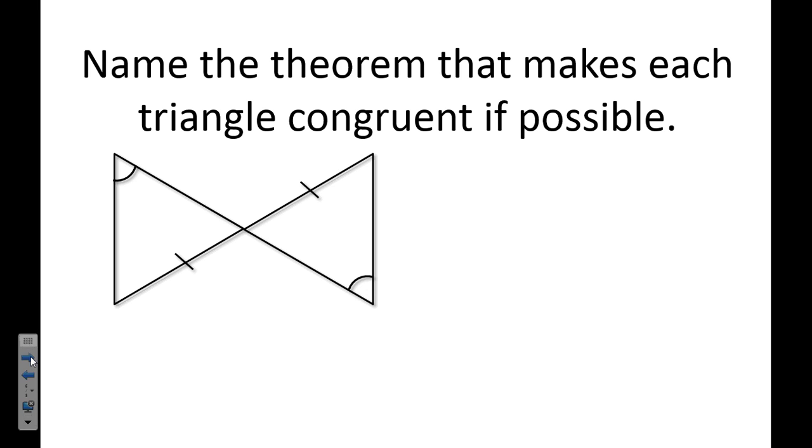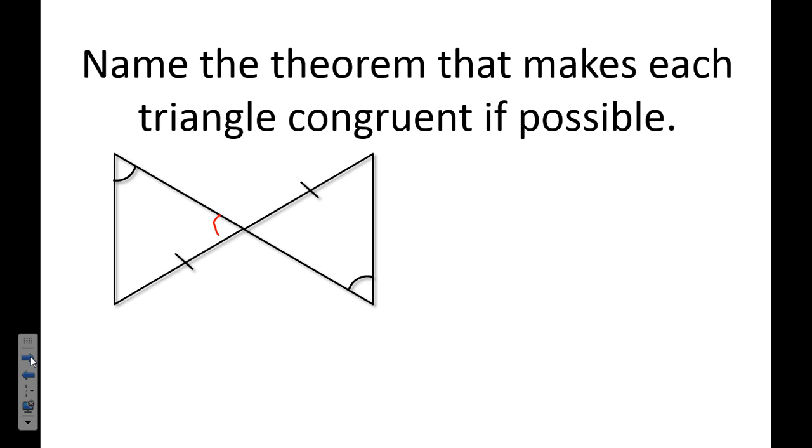So which theorem would make these two triangles congruent? I see an angle and I see a side. Can we get another angle or another side? Do they share a side or do they have vertical angles?